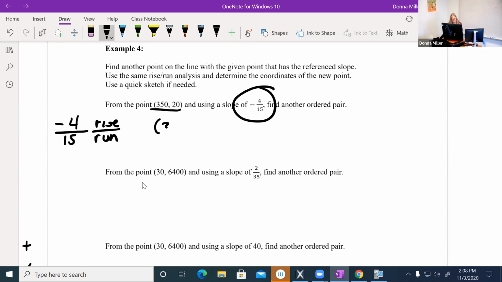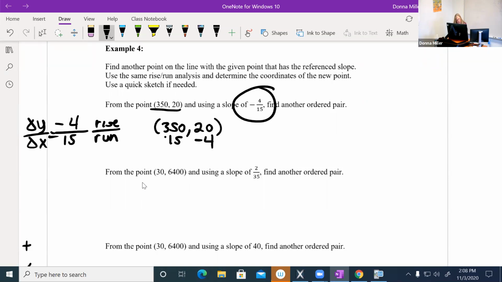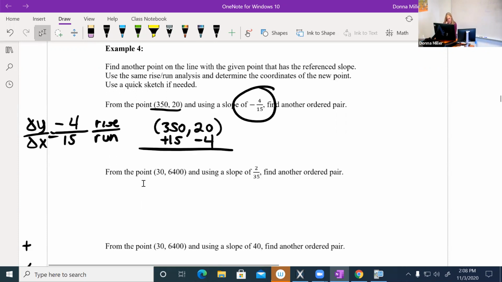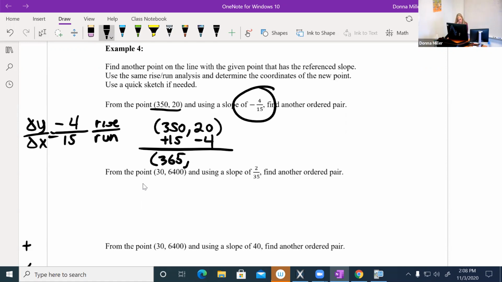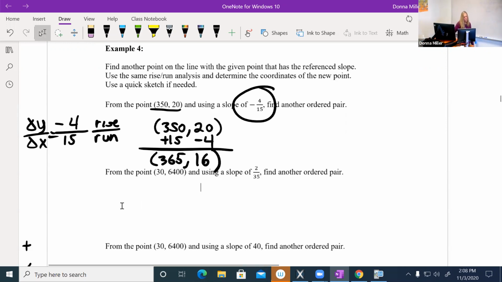So if I take the point (350, 20), the change in y is -4, and for the change in x, I'm going to add 15. I can just add it, and that gives me a new point. So 350 plus 15 is 365, and 20 minus 4 is 16. So that is another point on that line. I really don't need a graph for it at all. Okay. And then I can get the equation in my calculator.